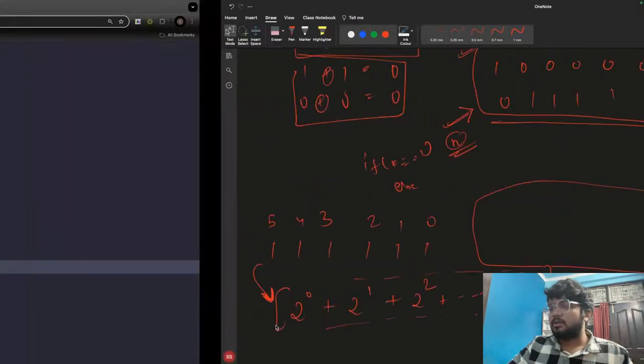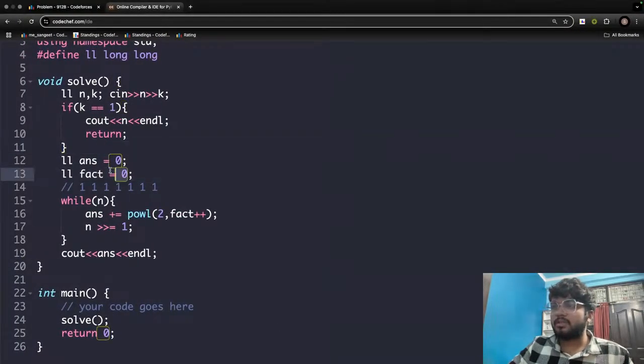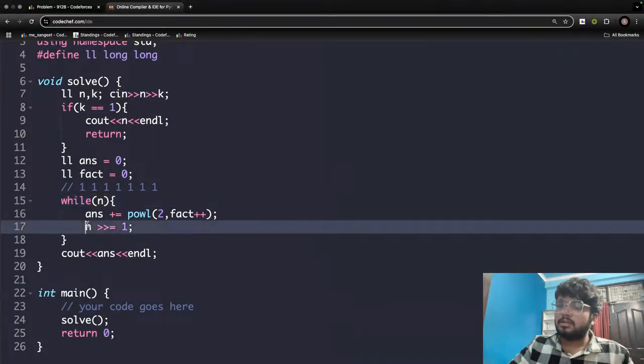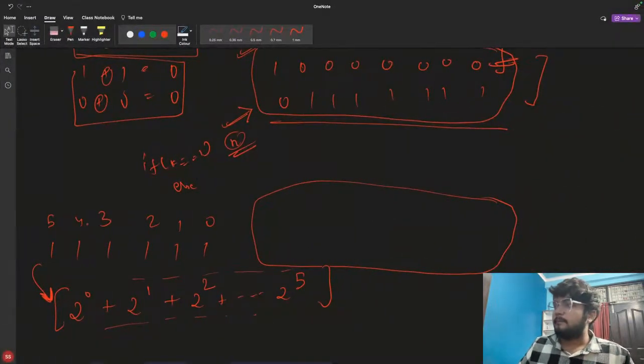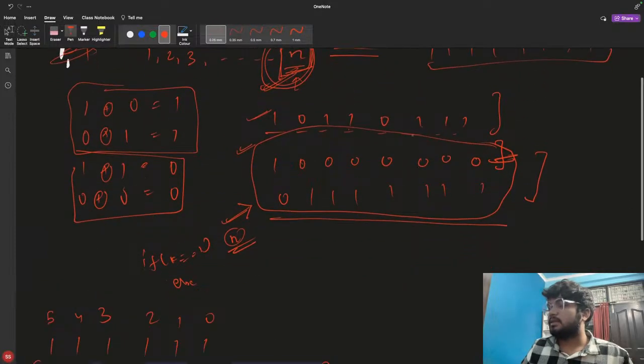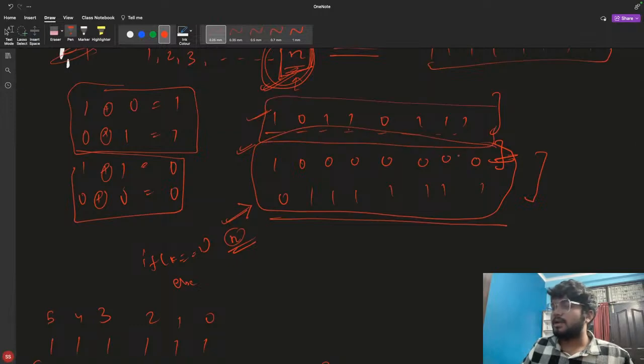But yeah, what we are doing, we are starting from 0 and moving till the maximum bit in N. Let's say this is our N, right? So we are calculating which is the maximum bit.